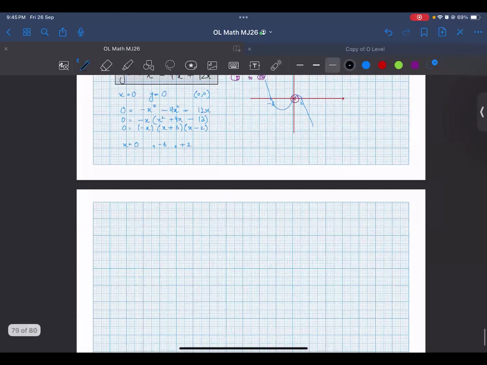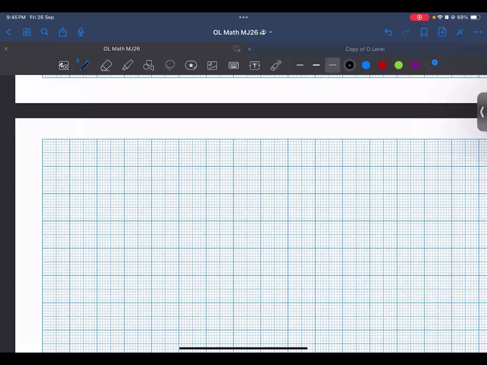Okay, one more, I'm doing the cubic one for you, and then I will give you some questions to try to sketch them. You have y equals negative x cube, negative x square, and plus 2x. So your y-intercept: x is 0, y-intercept again 0.